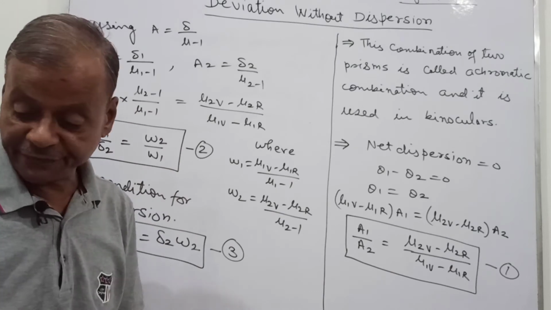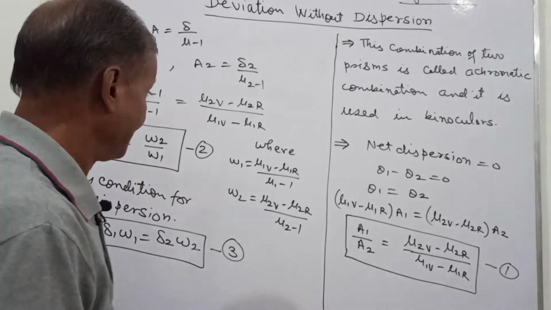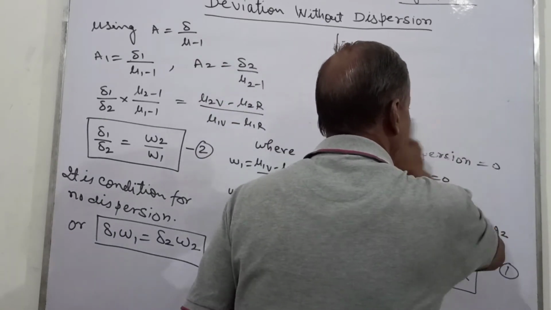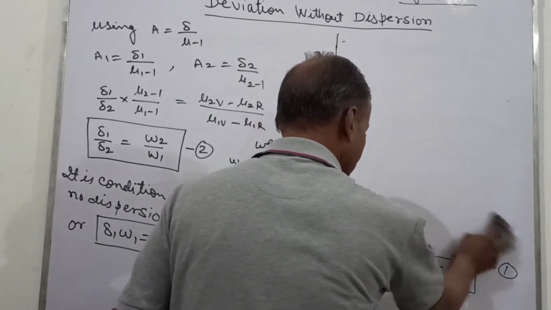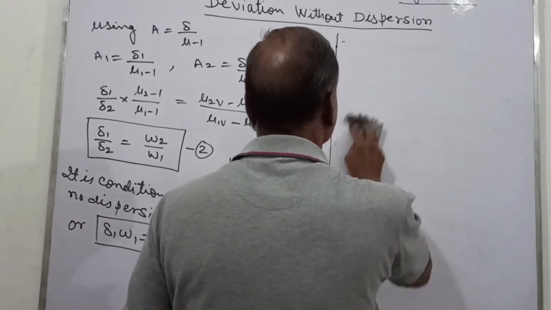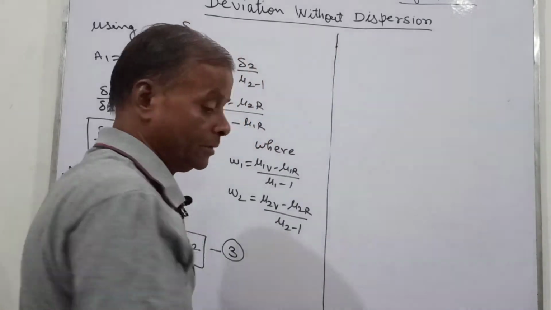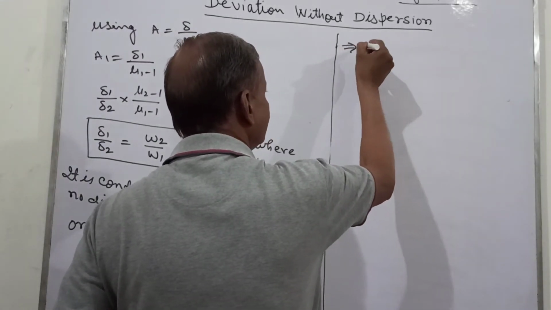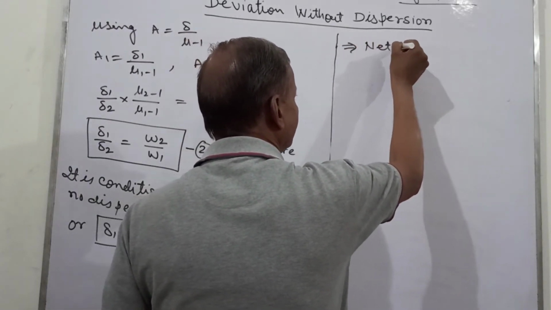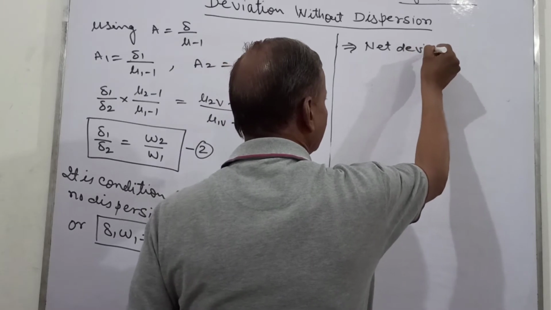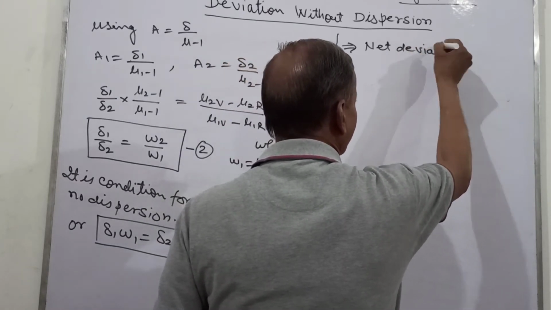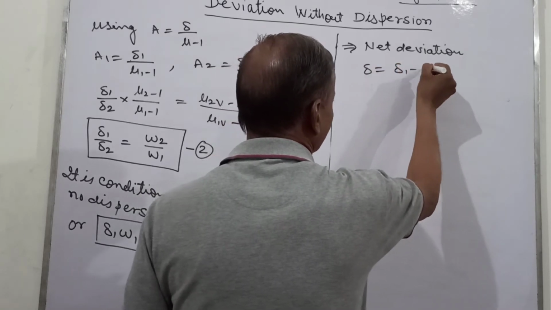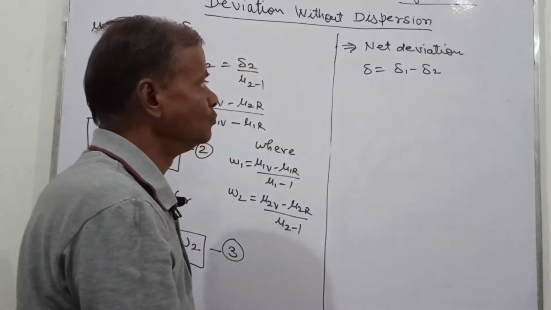Now we take the deviation. Net deviation delta equal to delta 1 minus delta 2.